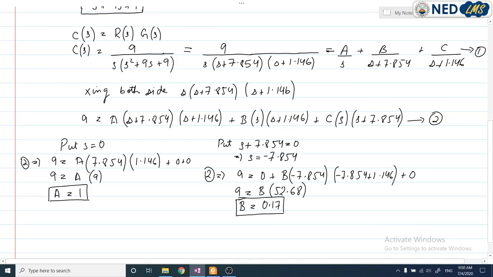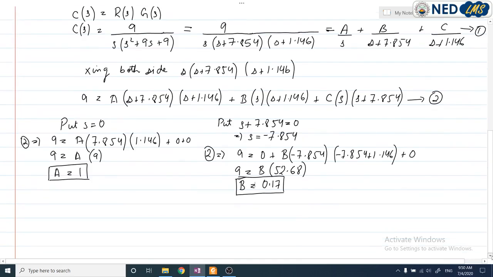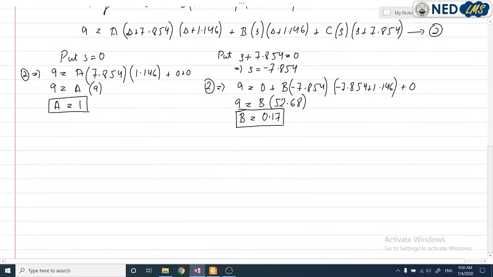And in the last, to find the value of C, here I put s plus 1.146 equals 0. So this makes the value of s minus 1.146.